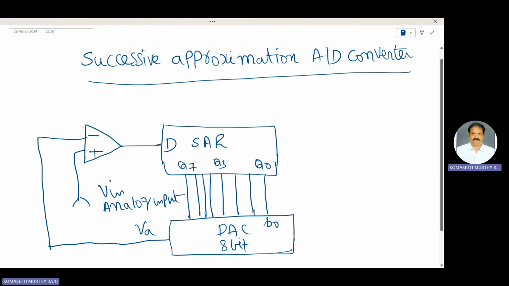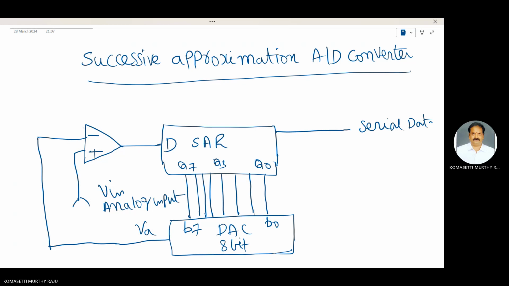These are the bits B0 to B7. Serial data out.